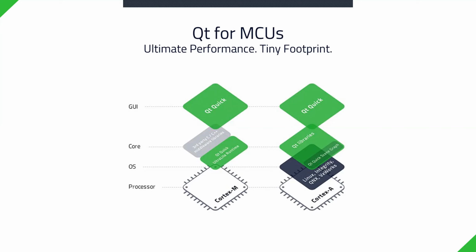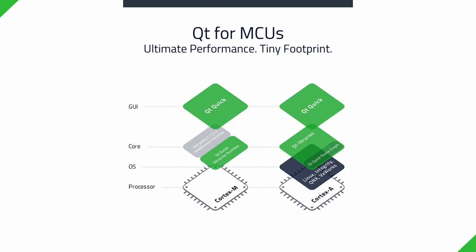The difference between this solution and regular Qt on Linux, for example, is what's in between: the actual Qt library. On MCU, Qt doesn't use the same libraries. It's based on a new runtime that we call Qt Quick Ultralight. This new runtime has been optimized for size, so it's much smaller than the regular Qt libraries, and also for performance on this kind of system.